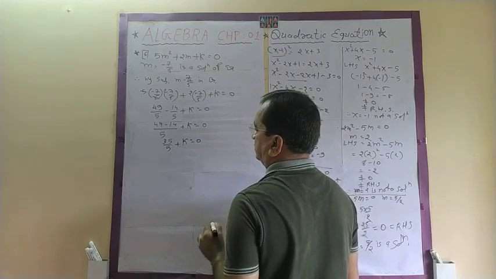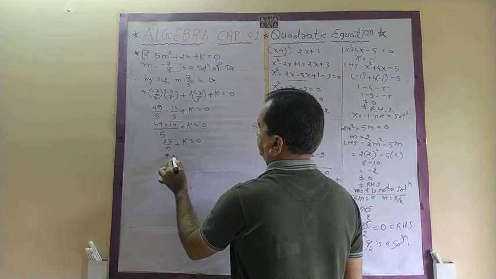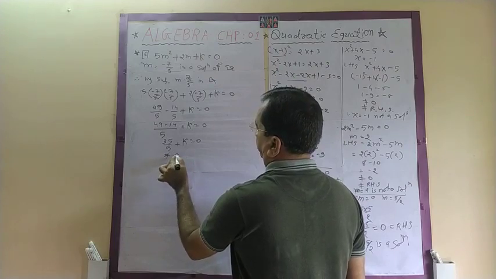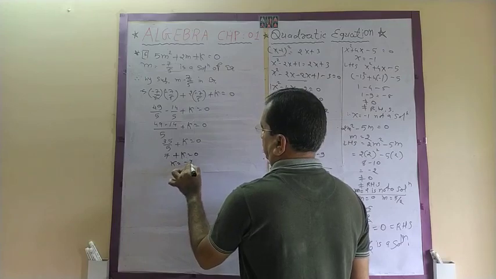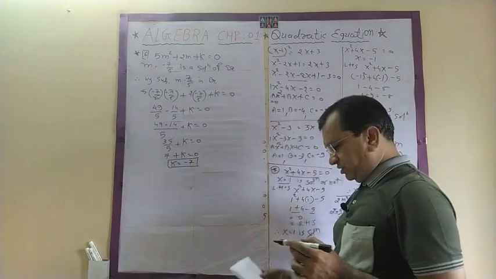This cancels, 7 plus k is equal to 0, k is equal to minus 7. So we have to find out the solution, right?